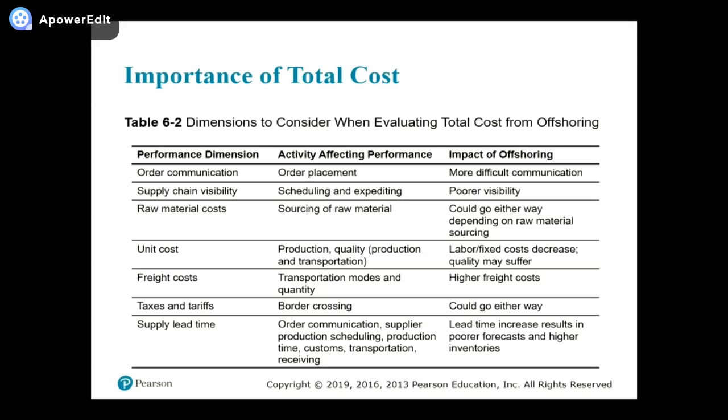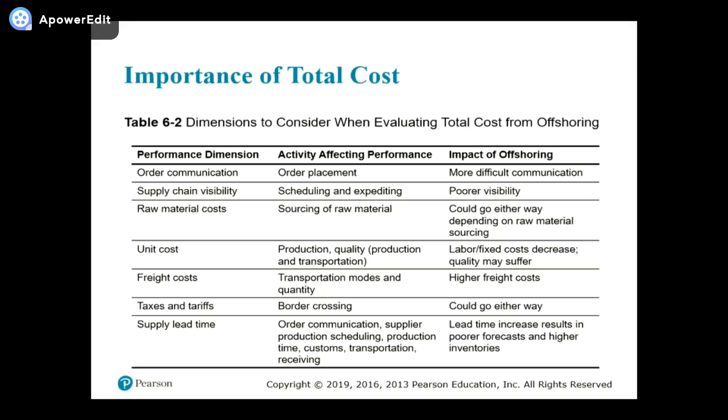The raw material costs could go either way, depending on where the production is sourced. And the unit cost, generally, since cost reduction is a driving factor for offshoring, could decrease, but that could come at the expense of poorer quality.